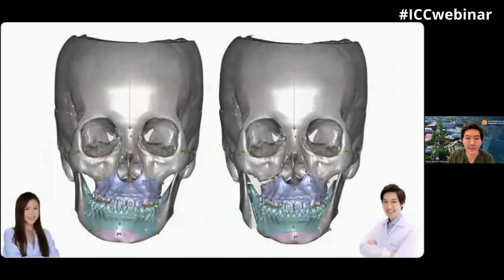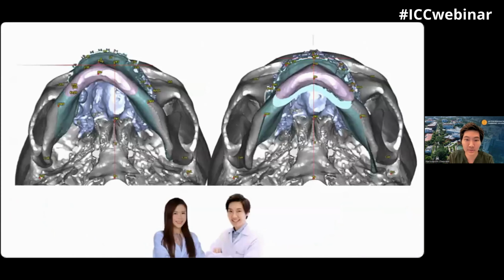And next is a severe facial asymmetry. The orthodontist is Dr. Nun. She is also a Chang Gung alumna from the Department of Craniofacial Orthodontics. We planned two-jaw surgery. The mandible was an asymmetrical setback. The submental vertex view shows large bone interference on both sides.